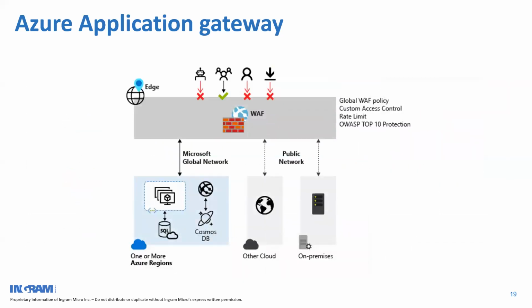The Application Gateway also has another feature called Web Application Firewall. Think of it as a regional firewall, where you can configure similar rules to allow and deny traffic, right? So that's another functionality available within the Azure Application Gateway.